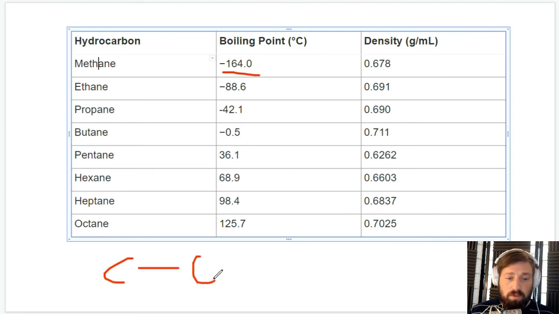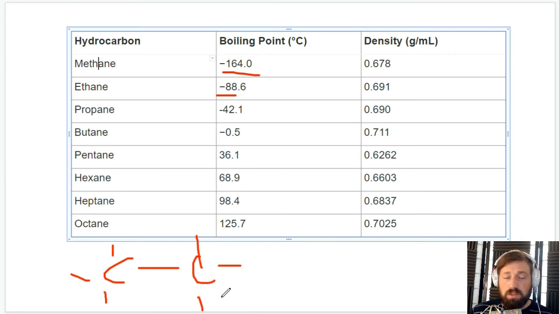Now, if we move to ethane, ethane has two carbons. Now, the boiling point's a little bit higher. We don't have to cool it down nearly as much because now we have two carbons, which means more hydrogens all around. Remember, there's a bunch of hydrogens all over the place.